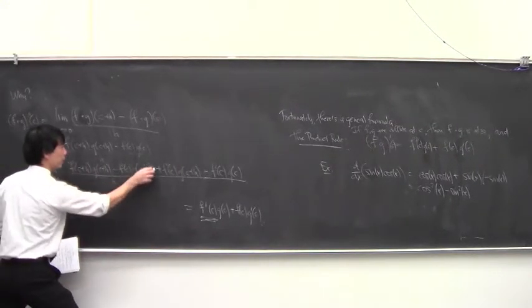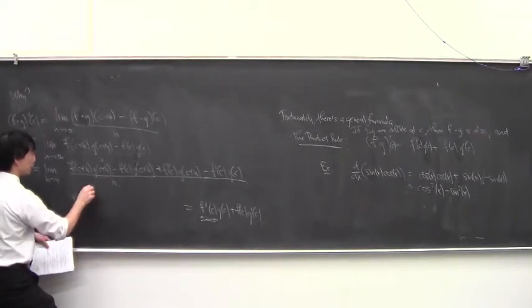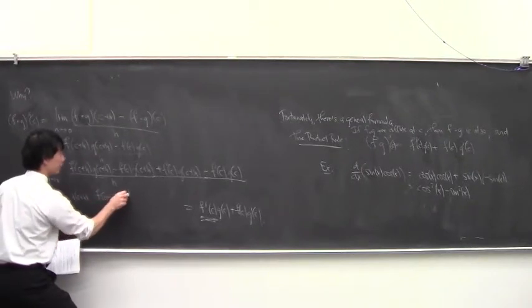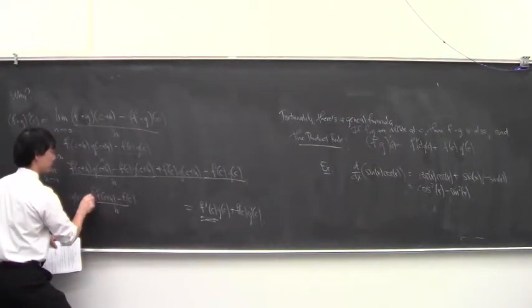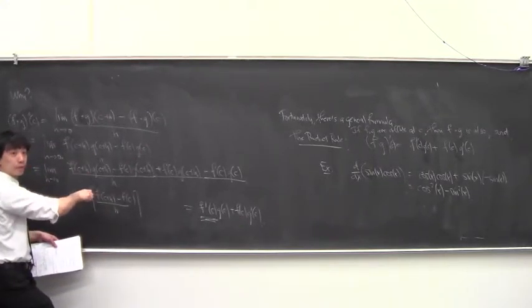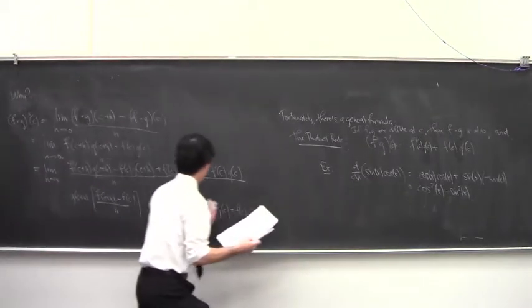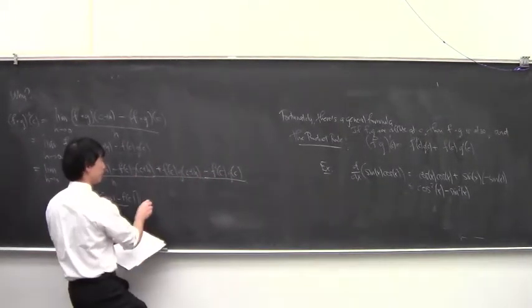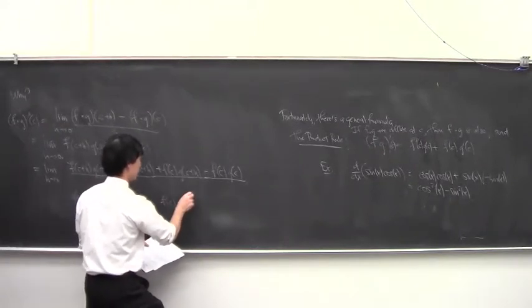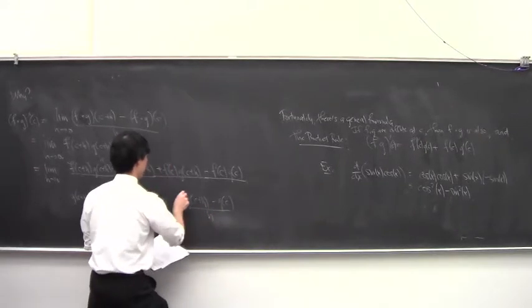If I factor g of c plus h out of this first thing, I get g of c plus h times f of c plus h minus f of c over h. That's this first part right here. And then the rest of it looks like I have an f of c, and then I have g of c plus h minus g of c over h.